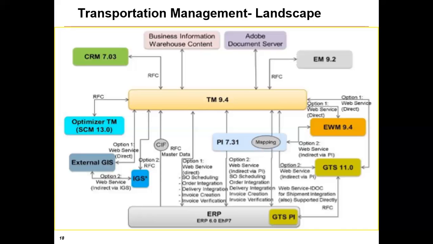So one is the direct connection, the other is the indirect connection. Direct connections give us a very flexible connection between two components, SAP and non-SAP, or maybe SAP to SAP. But for indirect connectivity, we have options via a particular middleware, maybe IGS or PI.